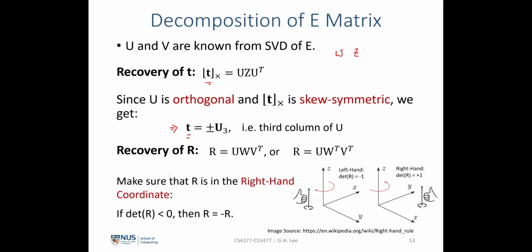And then once we have recovered the translation vector, we can also concurrently recover the rotation matrix as equal to U multiplied by W V transpose, or U multiplied by W transpose V transpose.